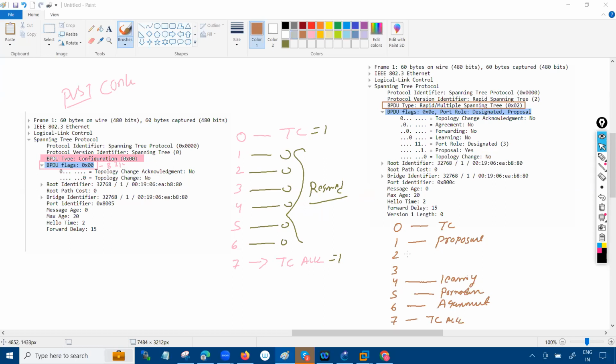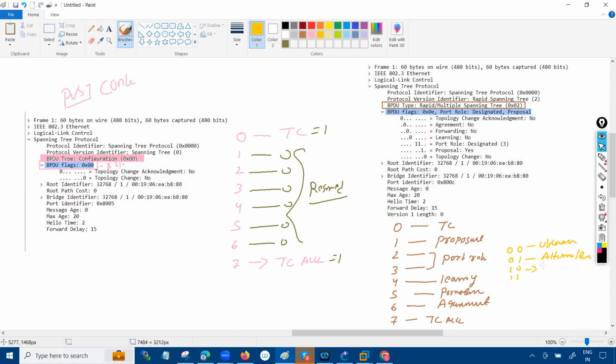Then, after the learning state, these 2 bits represent the port role. In 2 bits, you get 4 values: 00, 01, 10, and 11. 00 is unknown, or reserved. 01 represents an alternate or backup port.